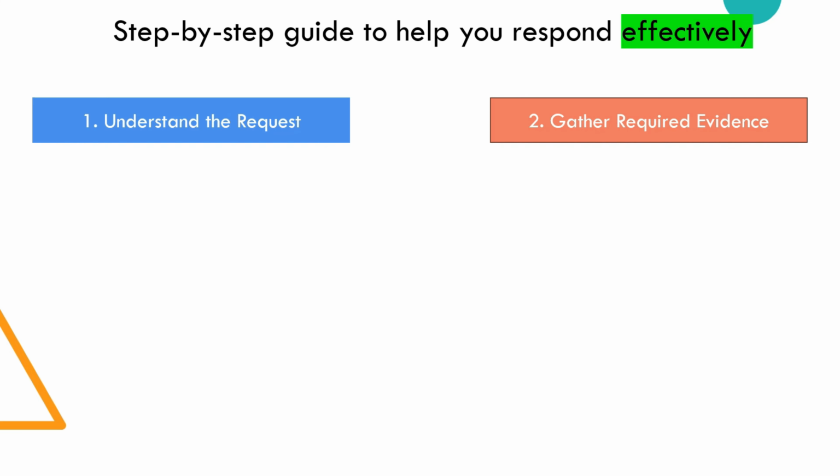Step 2. Gather the required evidence. Start collecting the requested documents as soon as possible. Remember, you are working within a certain time frame. This may include additional proof of your achievements and qualifications.